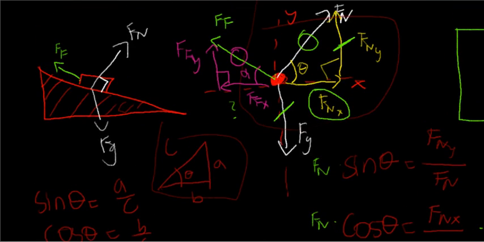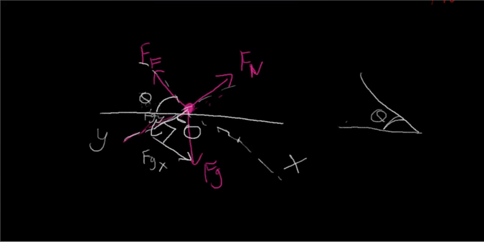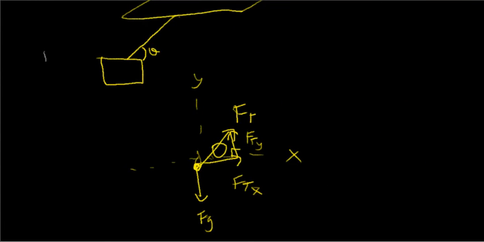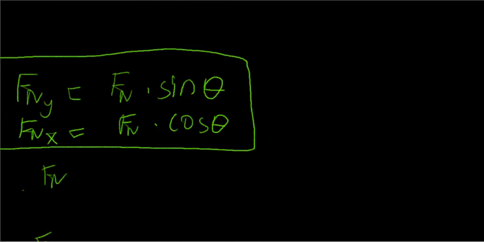If we have a force at an angle, usually on a ramp, we don't have to keep the x and y coordinates in the same way. We can reorient the x and y axes. In a later video, we'll do some examples, and it'll hopefully make a little bit more sense.